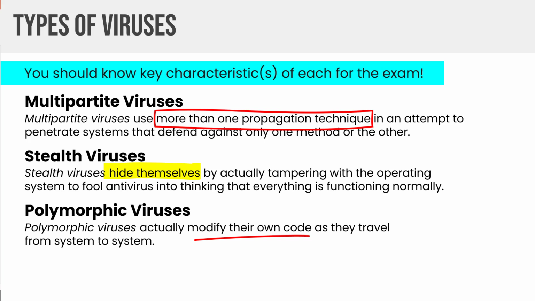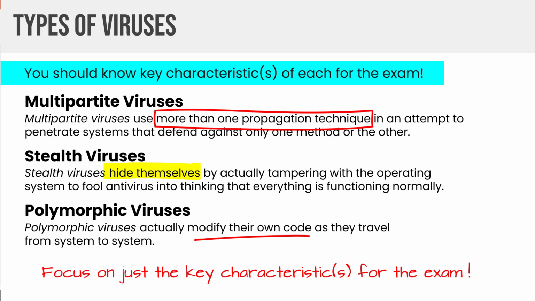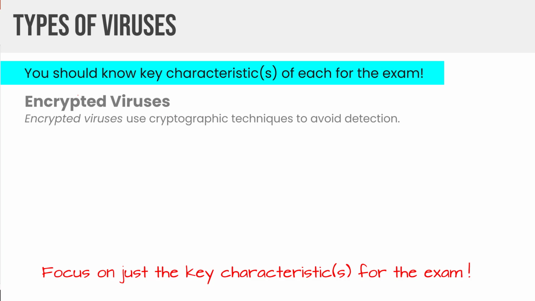So they modify themselves to appear differently as they jump from one system to another in an attempt to avoid being recognized. Focus on just the key characteristics for the exam here so you can sort one out from the other should you be given a multiple choice question that gives you different options.